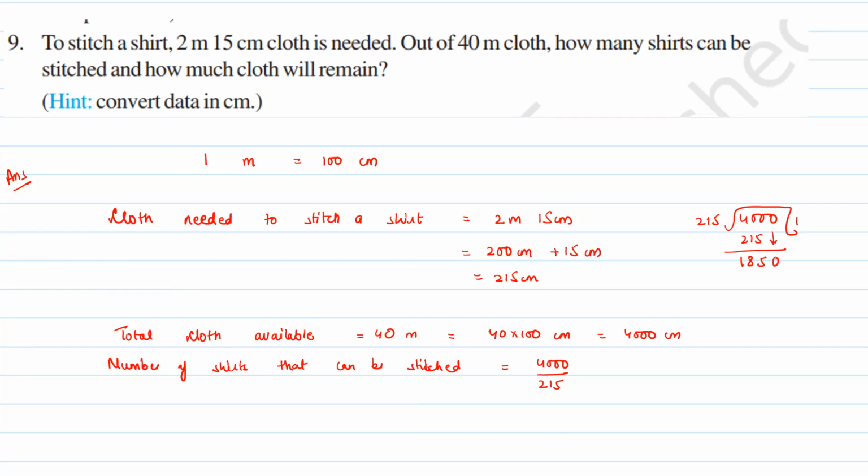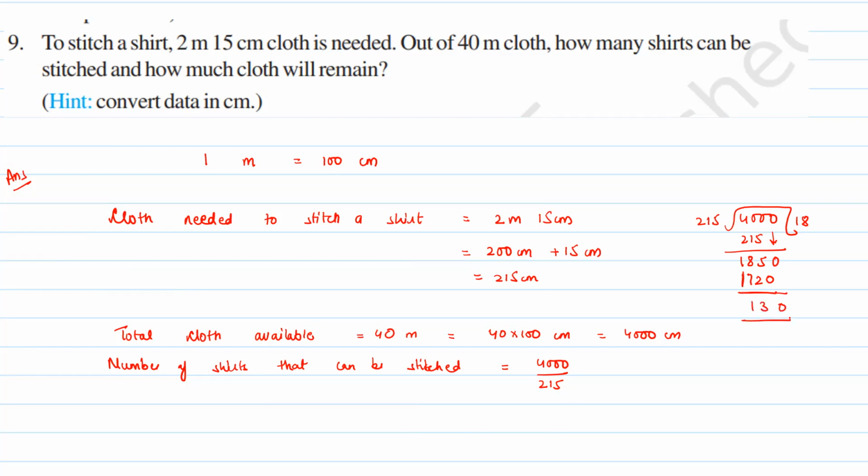Let's say by 8. If we multiply 215 by 8, we get 1720. And what is the remainder? 130.